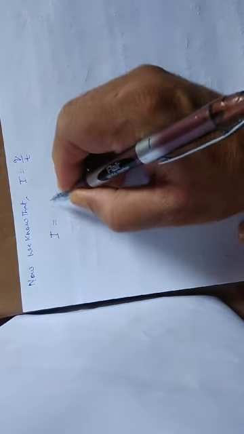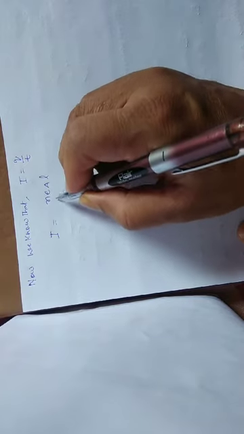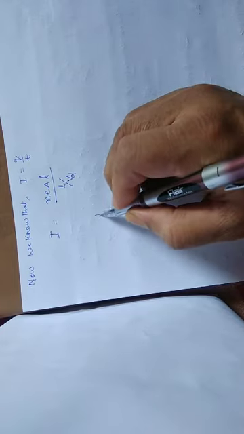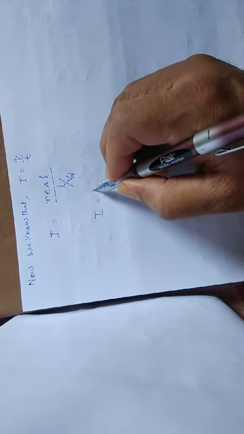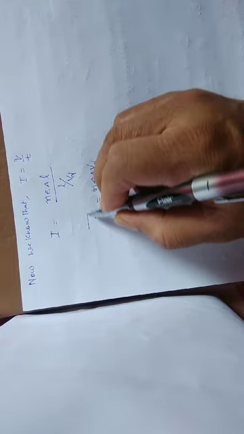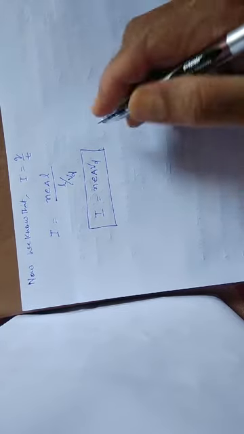You will get n e A L by L by Vd, so it becomes I = n e A Vd. This relates the current with drift velocity. So this is the relation between the current and drift velocity.